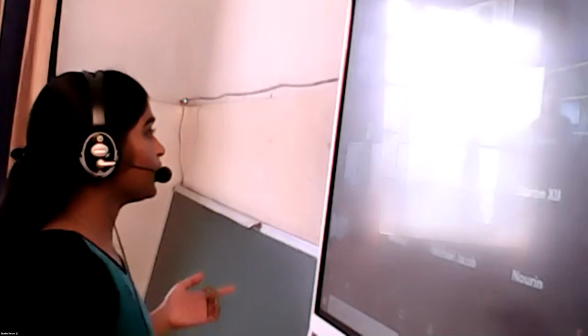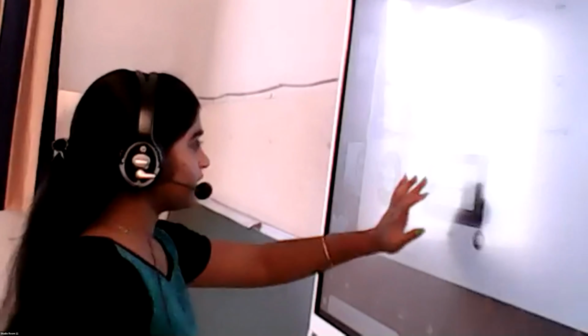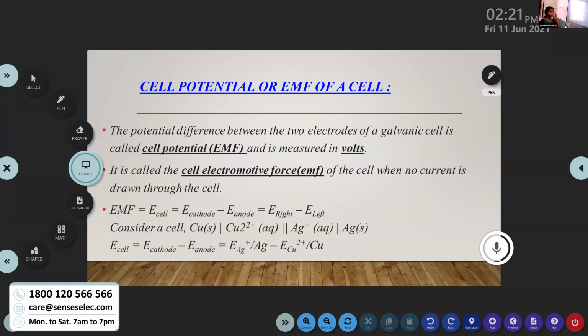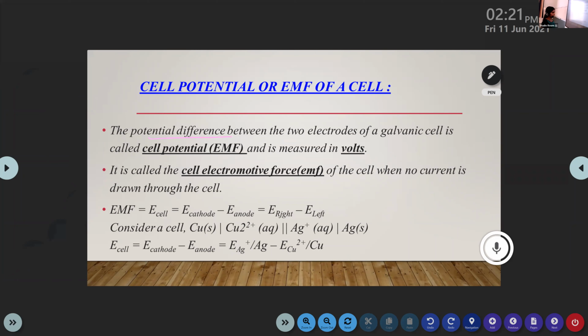So we are going to learn about that. The term used to define this potential difference is cell potential or EMF of a cell. The potential difference between the two electrodes of a galvanic cell is called cell potential and it is measured in volt.